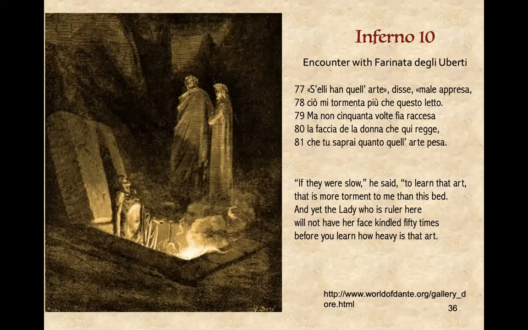And so Dante is quite bold in his conversation with Farinata at the beginning. Of course, we know that he belonged along with his family to the party of the Guelphs, the party that was contrary and enemy to the party of the Ghibellines.